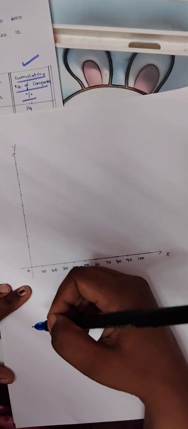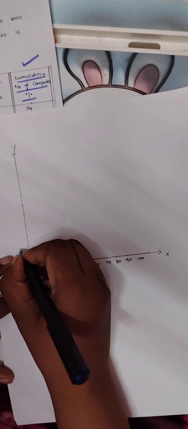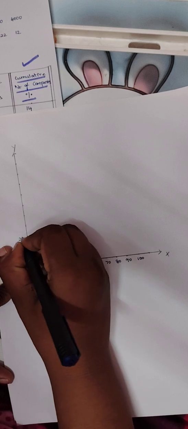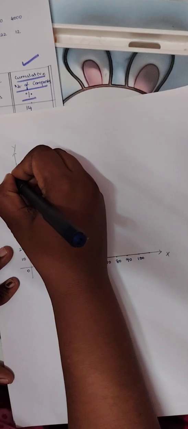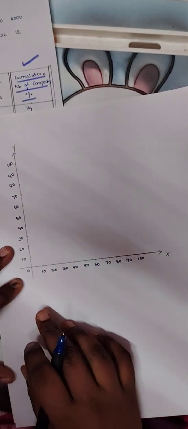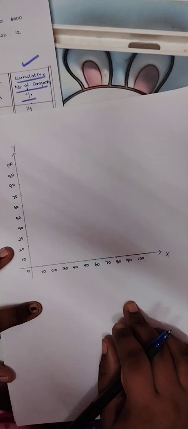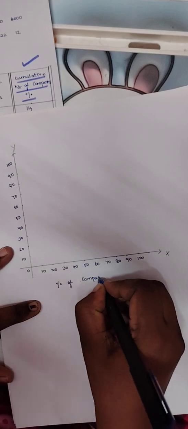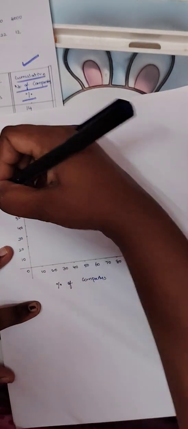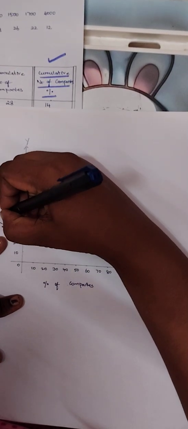Similarly, take the y values to be the same thing. 10, 20, 30, 40, 50, 60, 70, 80, 90, and 100. So x is nothing but my cumulative percentage of the company. Okay, so percentage of company is my x value, and percentage of the profit is my y value.